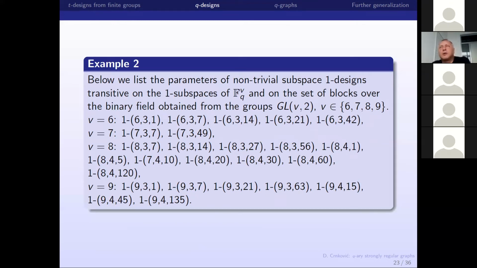But what we can do, using these designs, is maybe combine some 1-designs. So we can make a union of block sets of 1-designs and maybe get some subspace 2-design with a group which acts transitively on 1-subspaces, but not transitively on blocks.